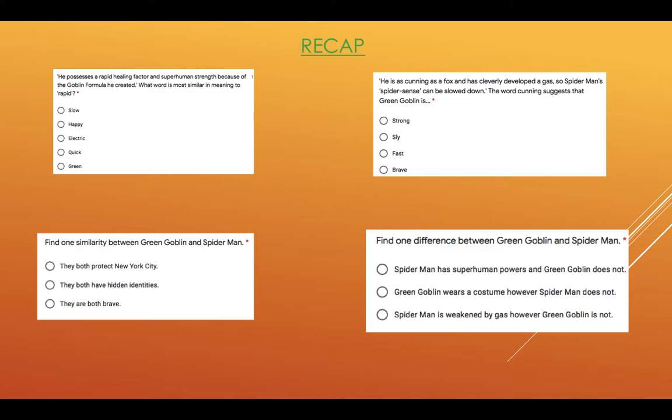Number 3, a similarity between Green Goblin and Spider-Man is number 2, they both have hidden identities. And number 4, the main difference between Green Goblin and Spider-Man is number 3. Spider-Man is weakened by gas, however, Green Goblin is not.